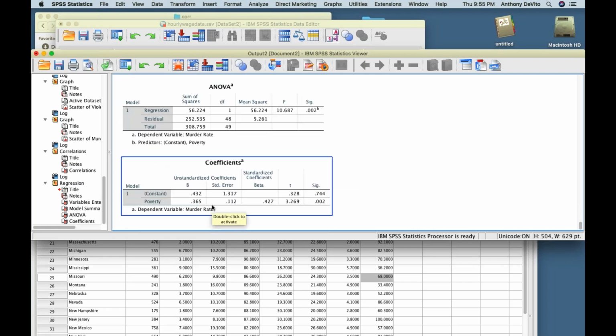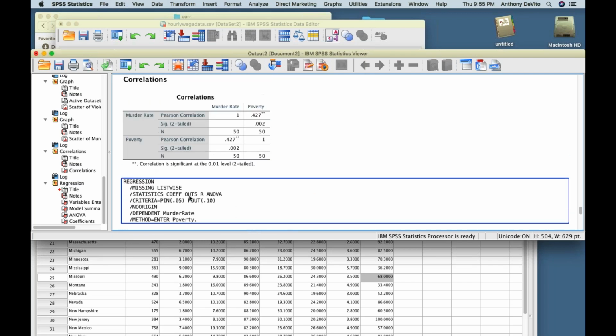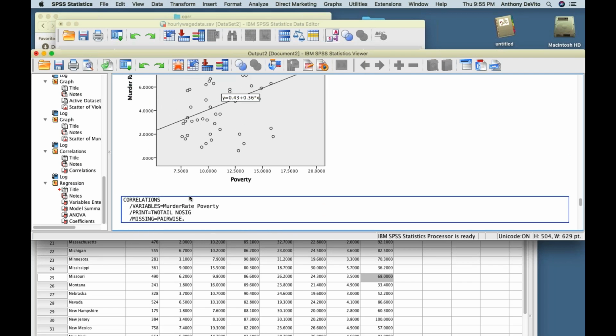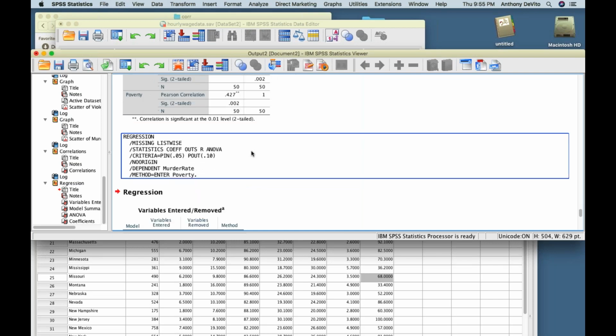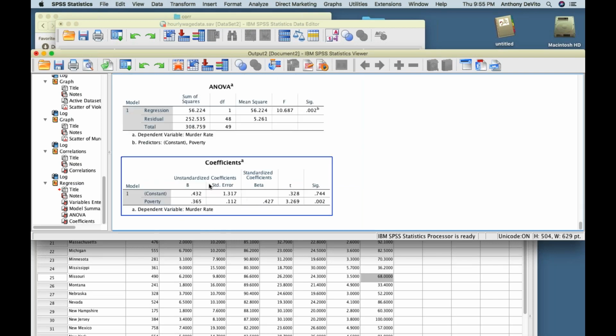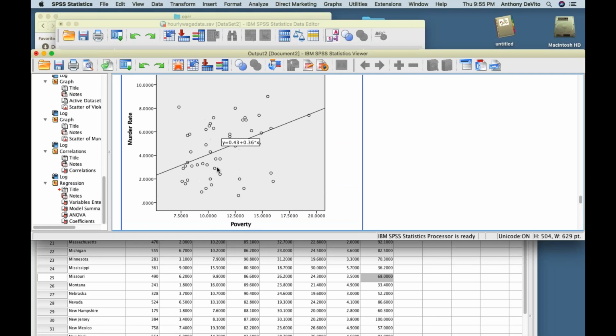Okay, so let's see, 0.365. Is that right? Did I get that right? Okay, yeah, there's our 0.36x plus 0.43. Okay, so this is the formula that we've created.